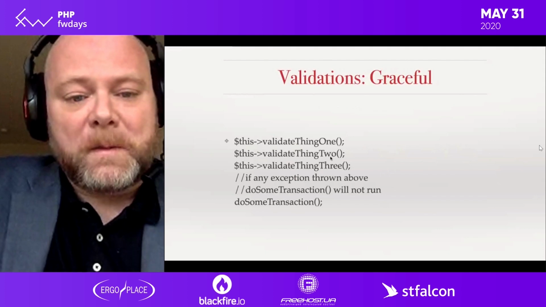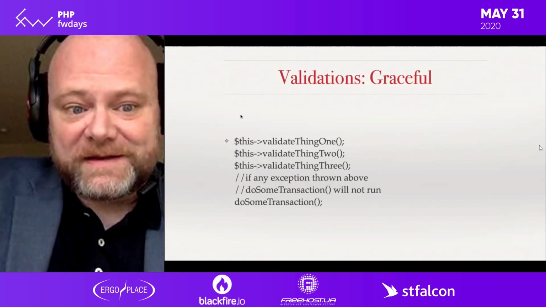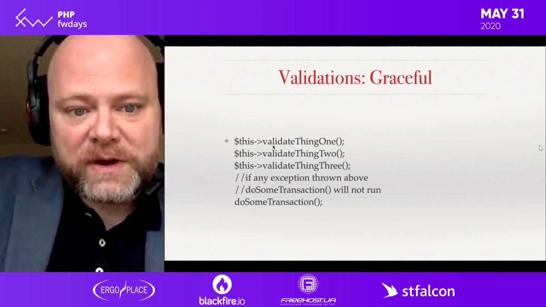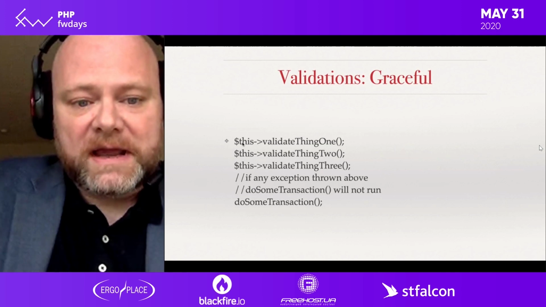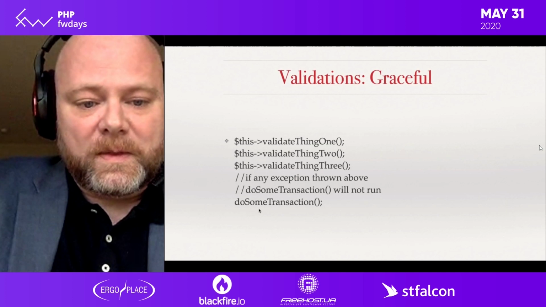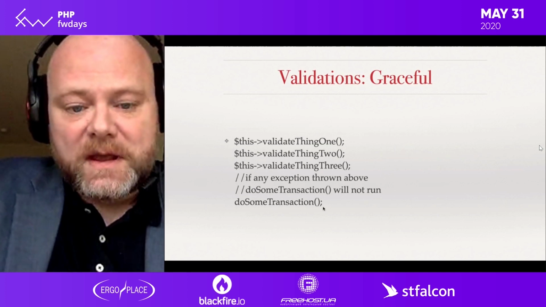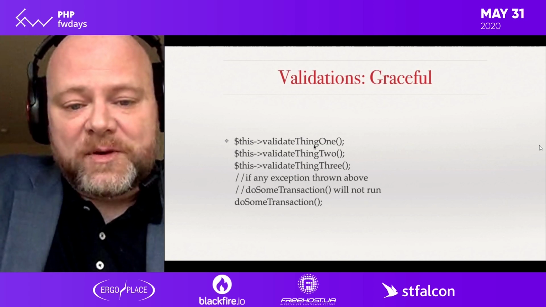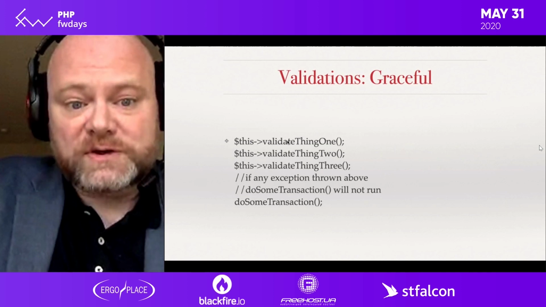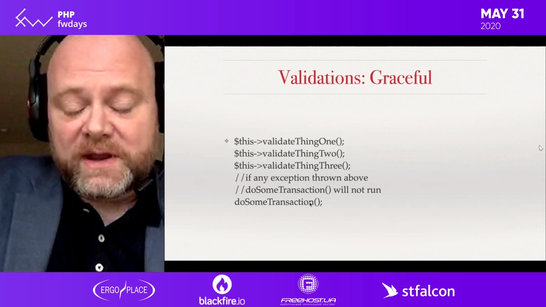So now if we start using exceptions, your code can now look like this. Instead of being nested inside of an if statement, you're going to call those individual validation methods before you call your code that says do some transaction. And so what's going to happen is, if any one of those validation methods throws an exception, then do some transaction is not going to get called.